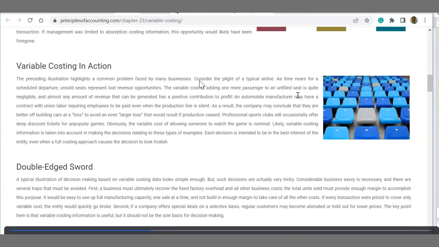An automobile manufacturer may have a contract with union labor requiring employees to be paid even when the production line is silent. As a result, the company may conclude that they are better off building cars at a loss to avoid an even larger loss that would result if production ceased.